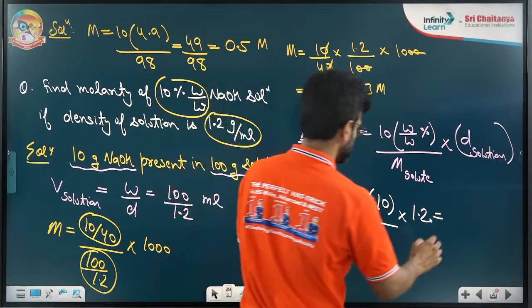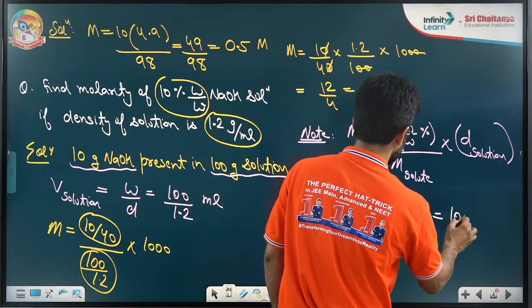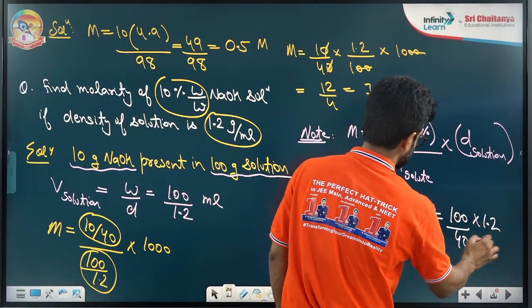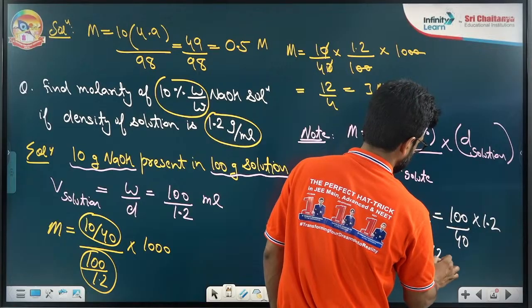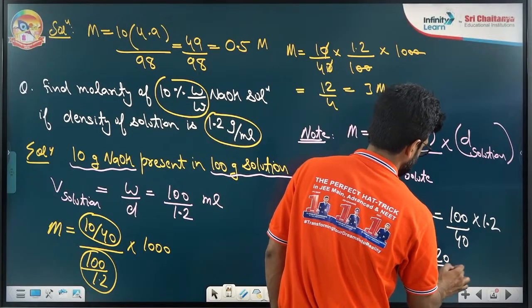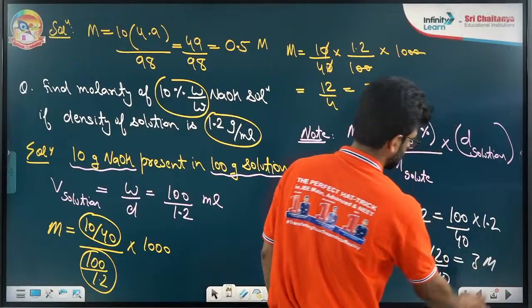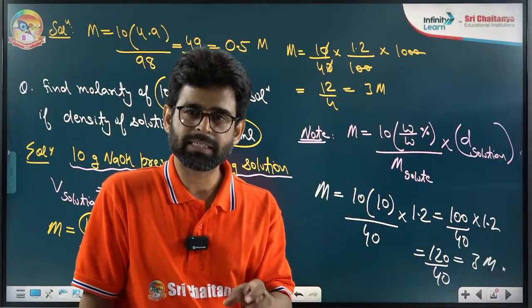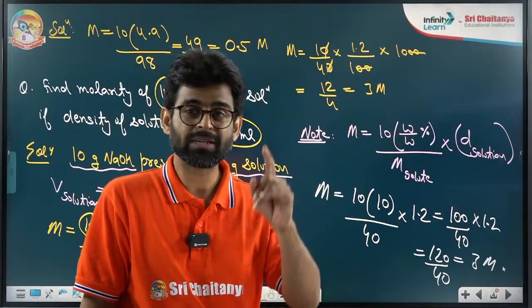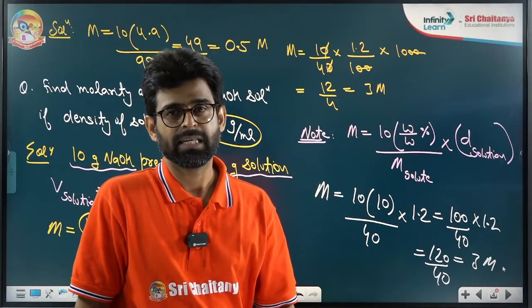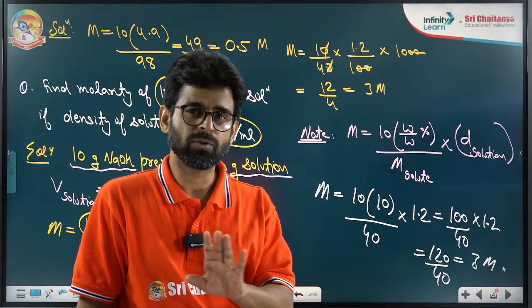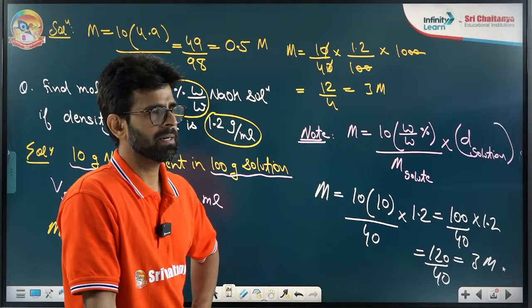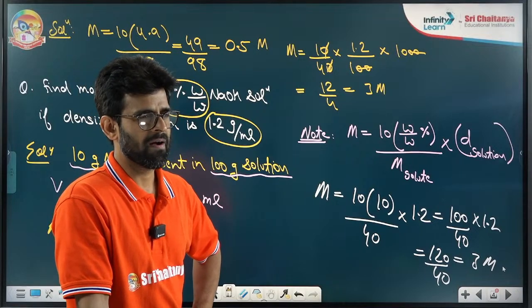Here comes 100, downside 40 into 1.2. If you solve 120 by 40, it's very easy to get the answer, 3 molar. It is 10 into weight by weight percentage divided by molar mass of solute into density, right? In the weight by volume percentage formula, there was no density. Are we clear here?